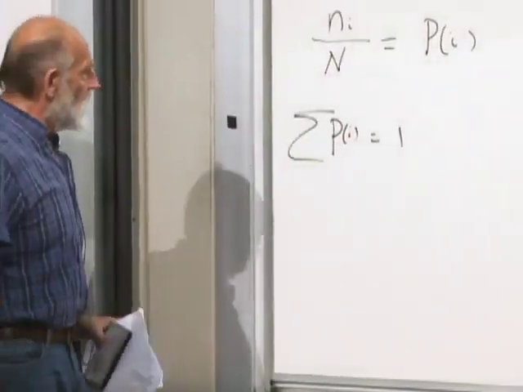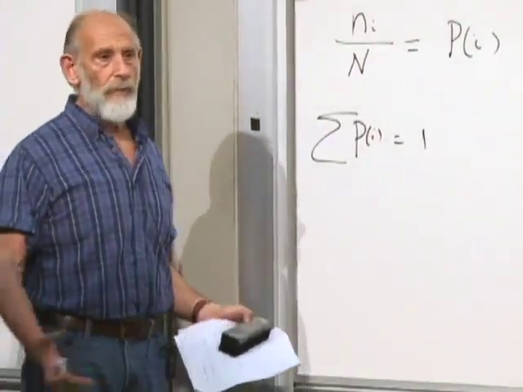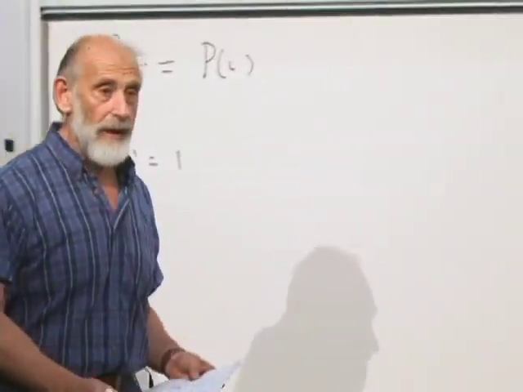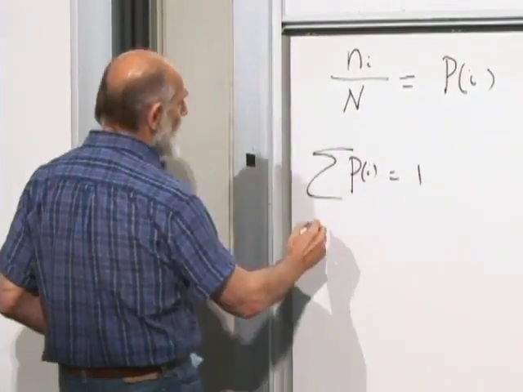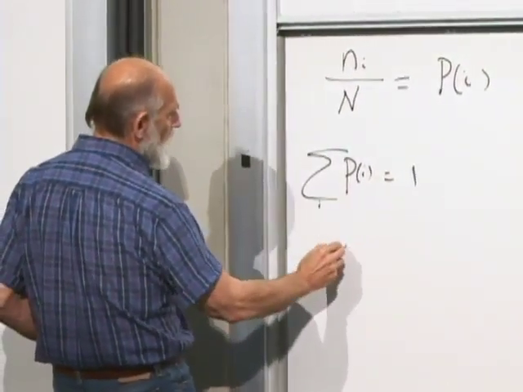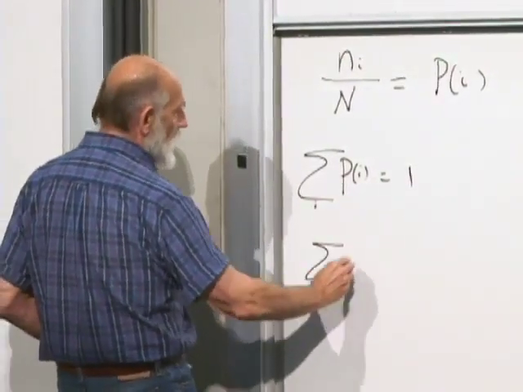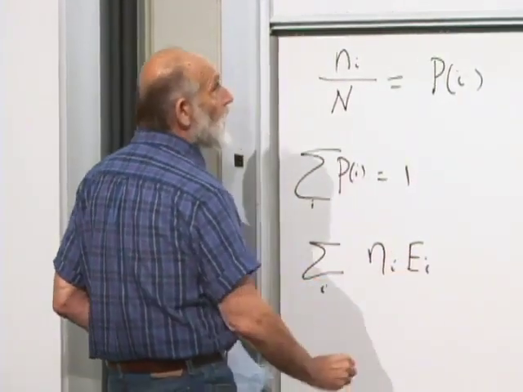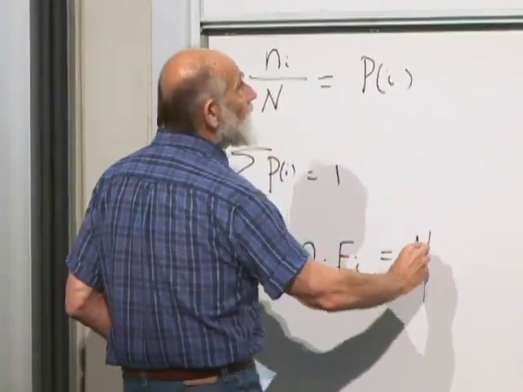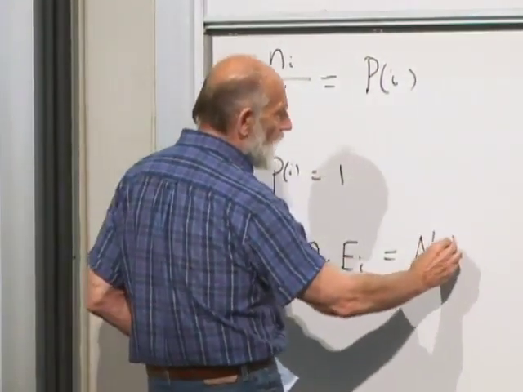Just divide through by n, and that tells us the sum of the probabilities adds up to 1. Not a big surprise. The other statement, let's write it down, summation over I of n sub I e sub I equals capital N times the average energy in each box.